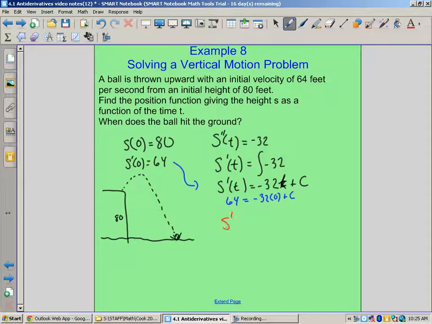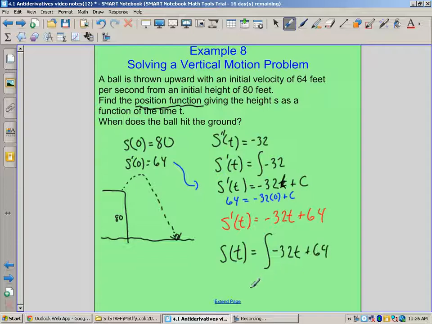Well, if I anti-differentiate the velocity function one more time, that will give me the position function that I'm looking for. So I anti-differentiate negative 32t plus 64, and s of t will be negative 32t squared divided by 2 plus 64t divided by 1 plus c.